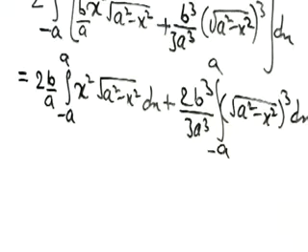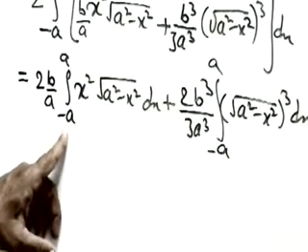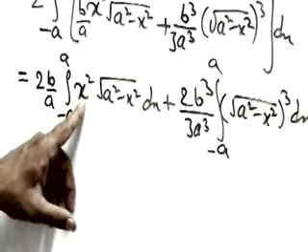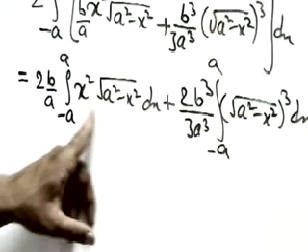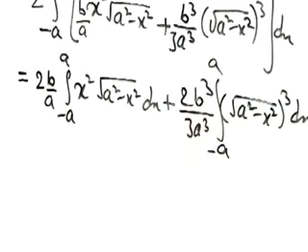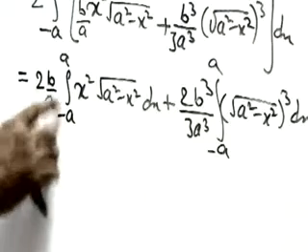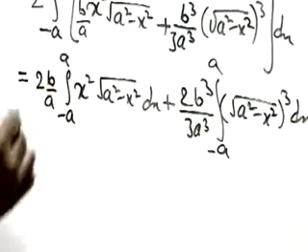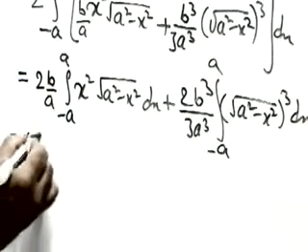I can see here this is an even function. If you put minus x in place of x, this will become plus, so the same equation will come here also. For an even function, this will become 0 to a into 2.